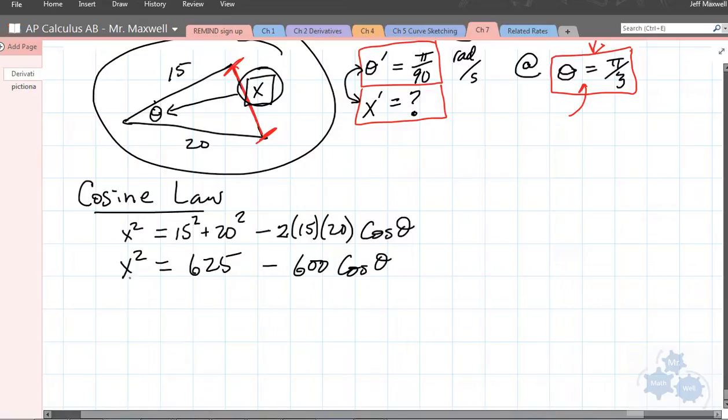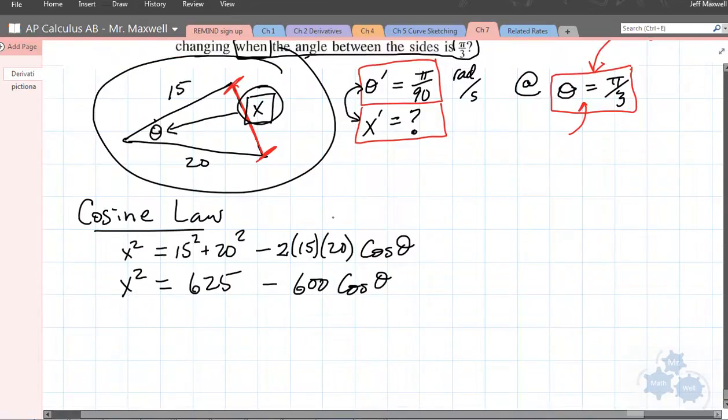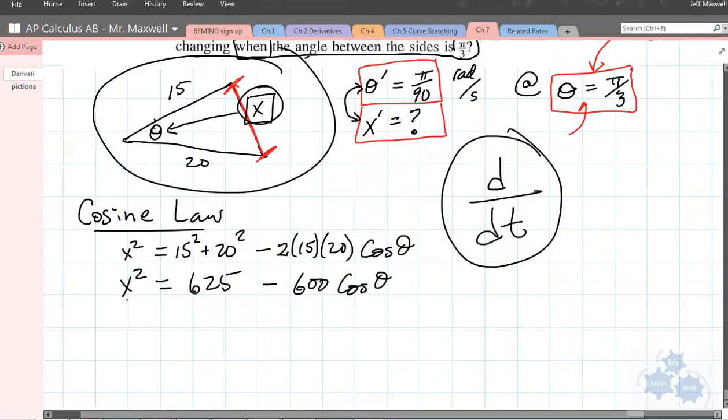Remember, we do not have to solve for x, okay? And why don't we have to solve for x? Because in related rates problems, we are differentiating with respect to time. So we don't have to worry about which one is our preferred variable, right? Are we doing dy/dx? Are we doing dy/dtheta? No, we're not doing either.